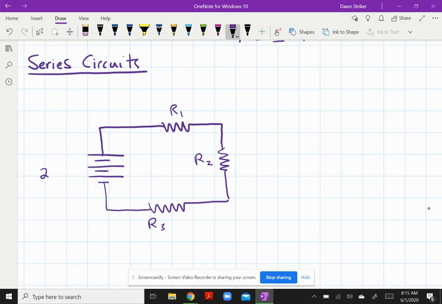Let's give ourselves a 24-volt battery. So how do you get 3 batteries to be 24? 6 and 6 and 6? Nope, I need one more 6. So 8 and 8 and 8 volts connected together would give me 24 volts. And let's make these resistors 100 ohms, 200 ohms, and how about 300 ohms?